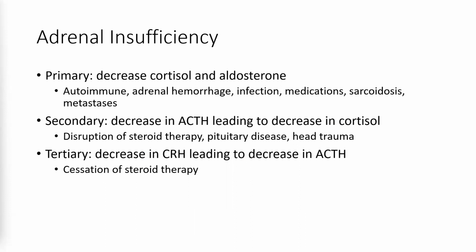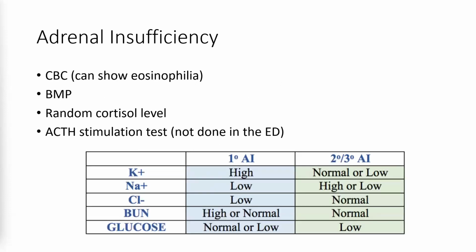We're talking about the three kinds of adrenal insufficiency: primary, secondary, and tertiary. Primary would be right here in the middle, and then secondary and tertiary are on the right side. These are the typical labs that are usually shown, but again, it sometimes can be a little bit different.